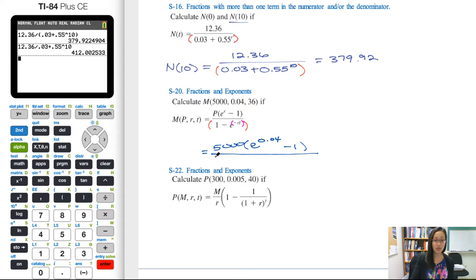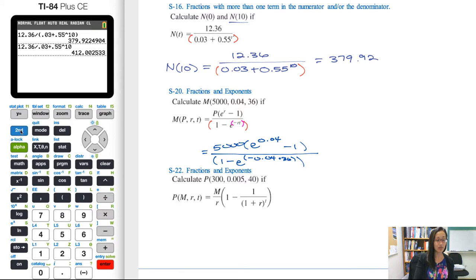And then I've got to make sure I put parentheses around my entire denominator. Okay, and then I'm raising it to the negative 0.04 times, and then t is 36. Again, you want to make sure that you put parentheses around the entire exponent as well.